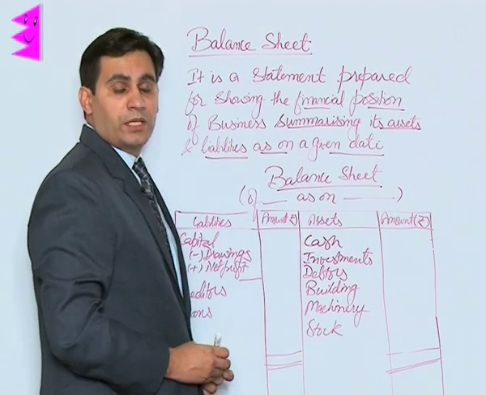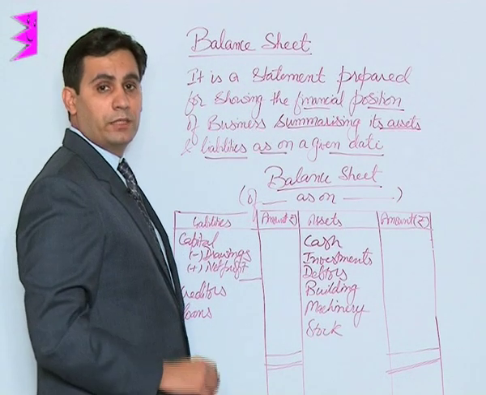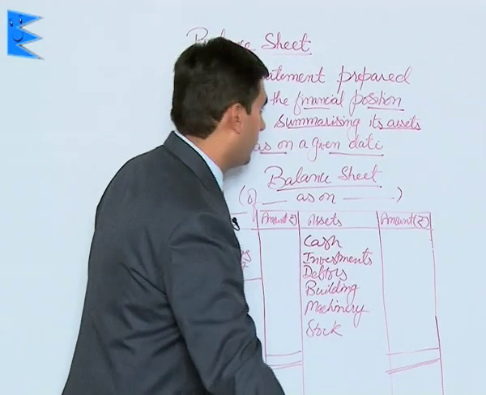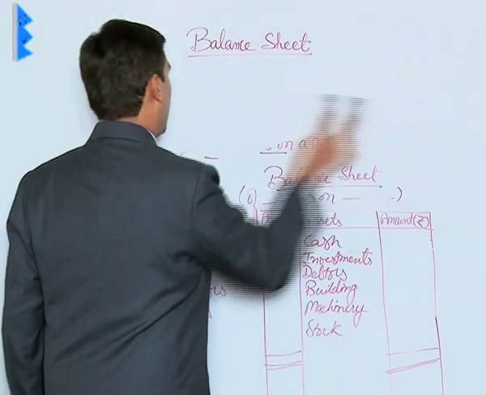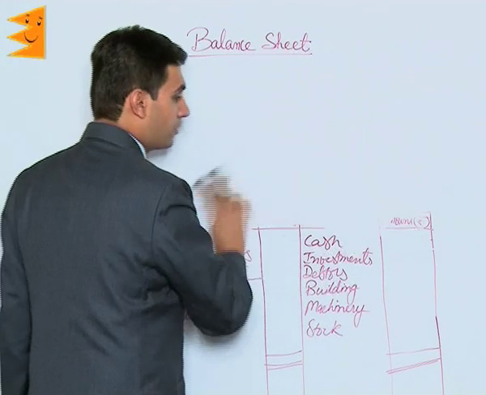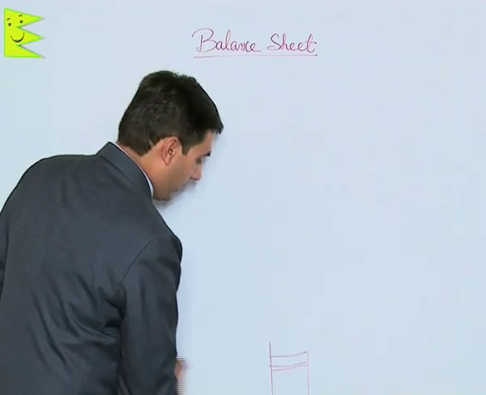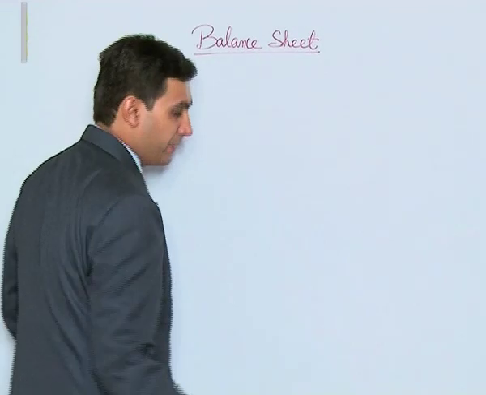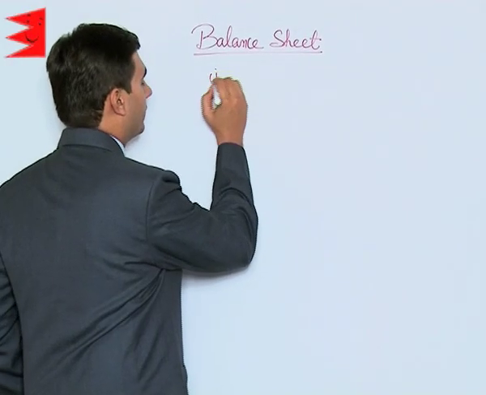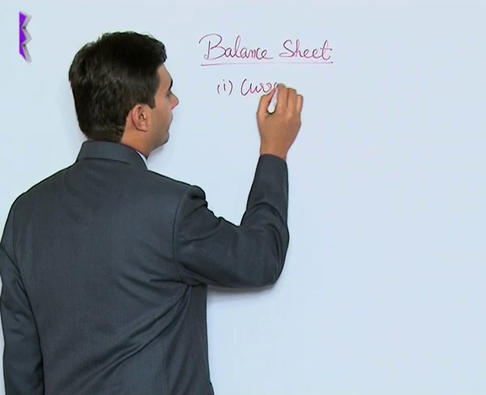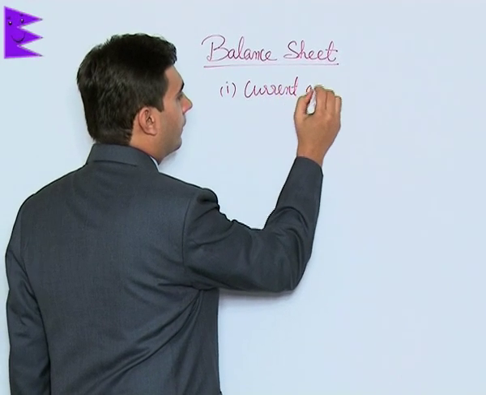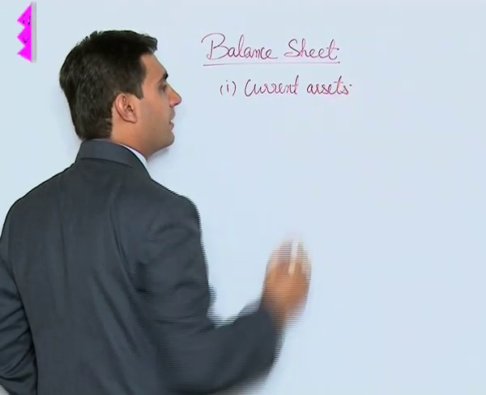Now students, let us come to various items that appear in the balance sheet. Now, various items or various groups of assets and liabilities that appear in the balance sheet are, like first of them is current assets. What are current assets?